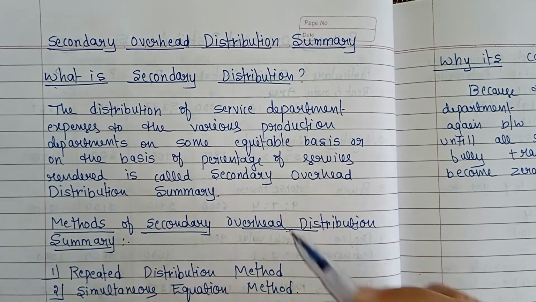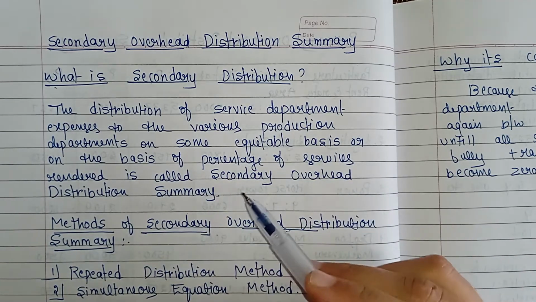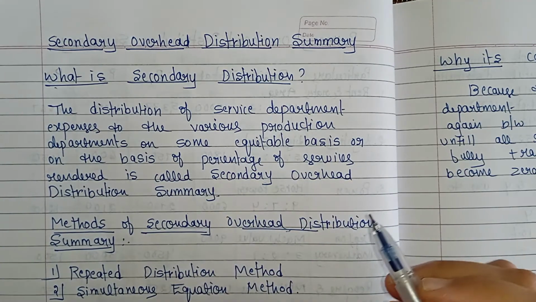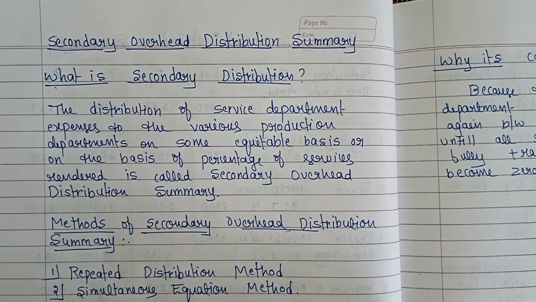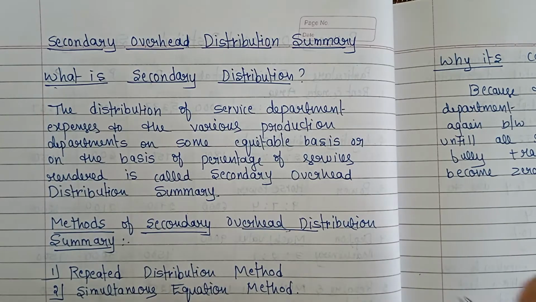On which basis? On some equitable basis or on the basis of percentage of services rendered. They will mention this in the problem. That is called the secondary overhead distribution summary.